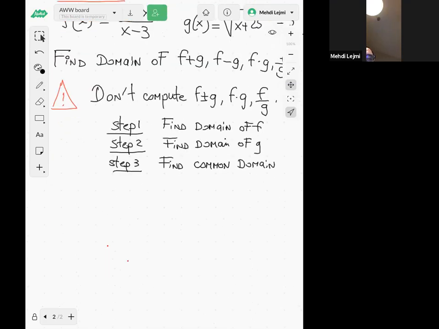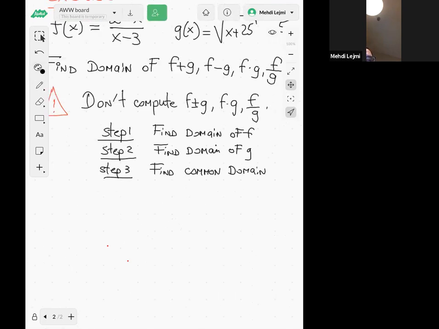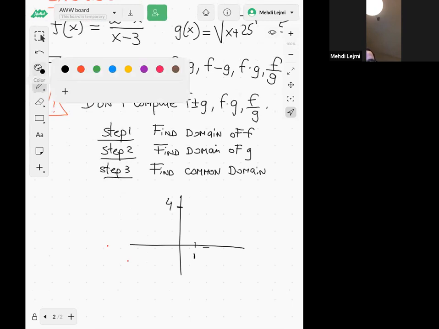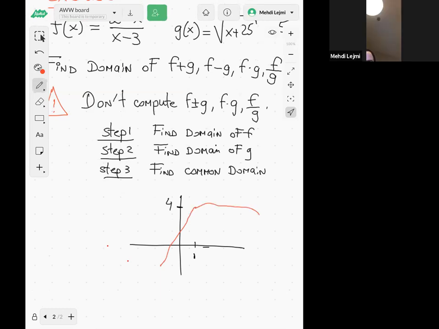Let me give you an example. Just taking a random example, let's say you have a graph here. This is my f of x. What I'm asking for is, let's say, find f of 1.